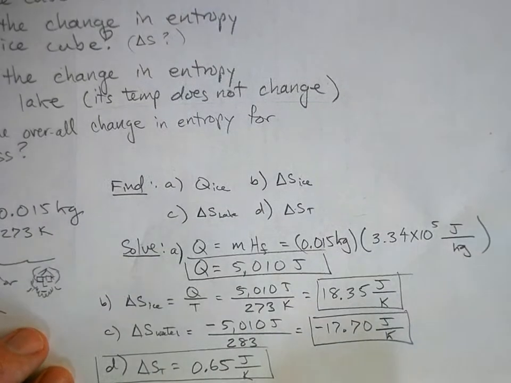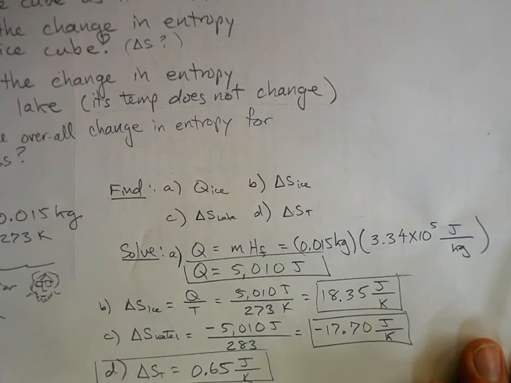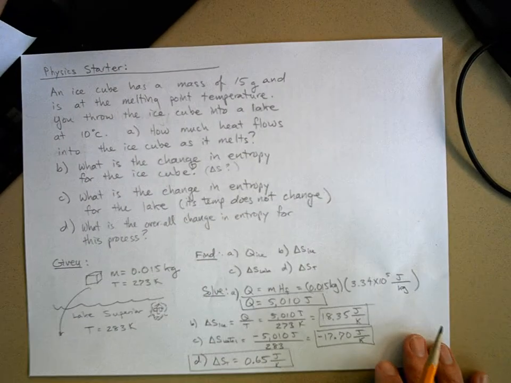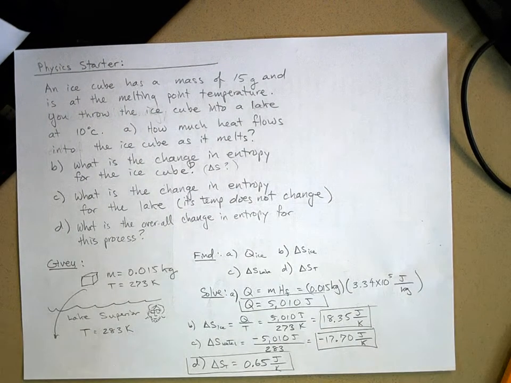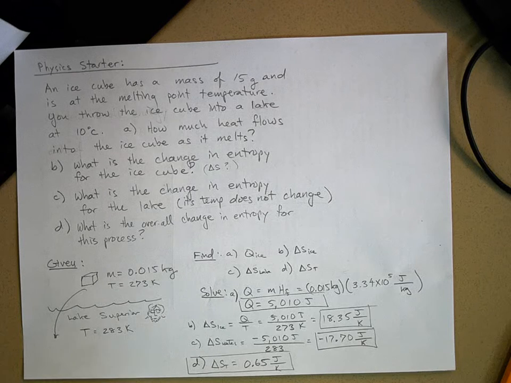Now, this is not a unit that makes a lot of intuitive sense. I mean, what does that mean? I don't even really have a good feel for it. Except that it does mean that this quantity pretty much always increases.